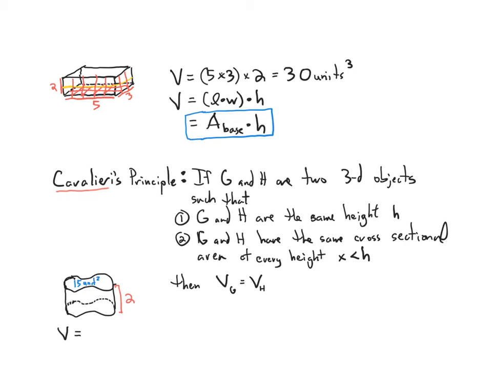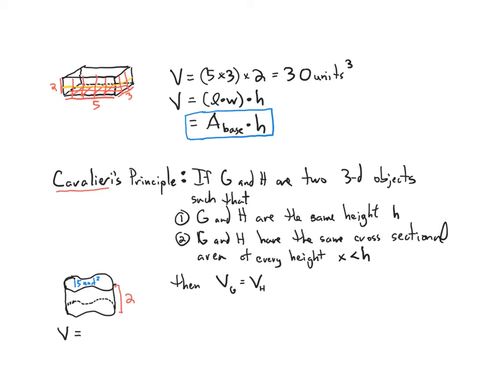So, in this case, what do we have? Well, we have that the height of these objects is the same, and we have that the area of the bases are the same, 15 units squared, just like this guy.